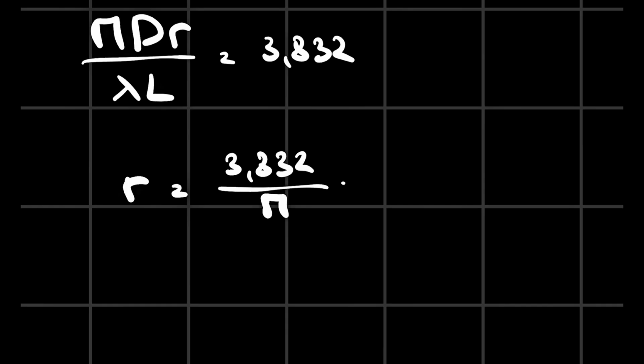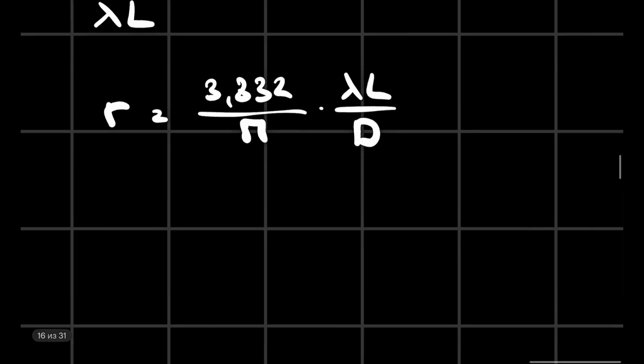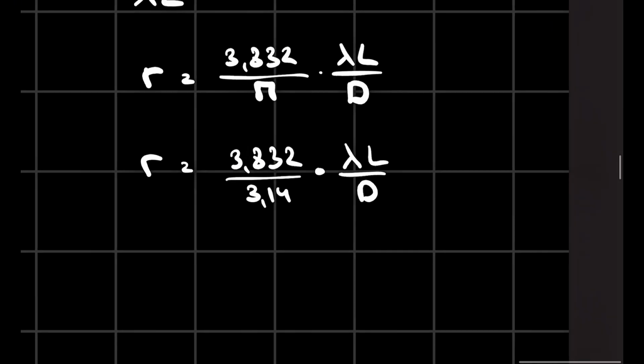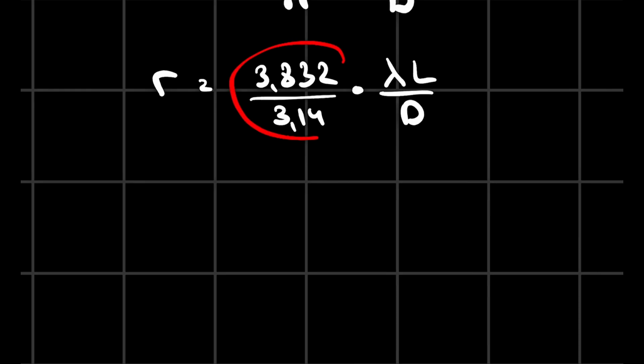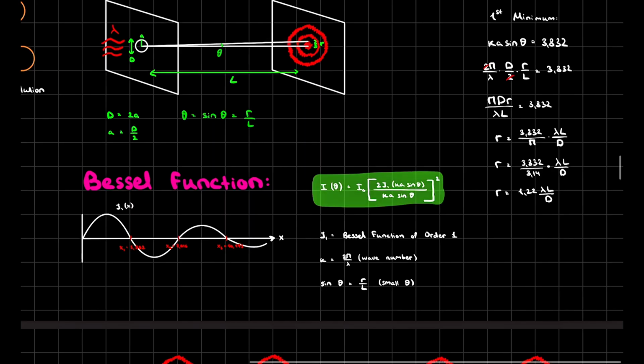We can open pi, and also we have lambda L divided by d. So R equals 3.832 divided by pi, which is 3.14, multiplied by lambda L divided by d. Doesn't it remind you of something? If you calculate it, you'd have R equals about 1.22 lambda L divided by d. Something very close to our formula, as you can see.